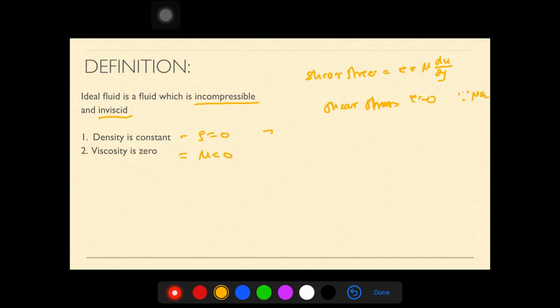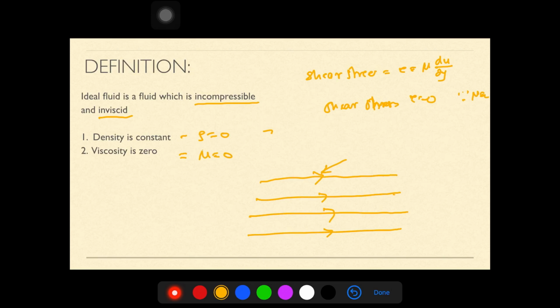When this fluid is moving in a particular direction like this, this is the direction of flow. So all the fluid particles will be moving with uniform velocity, as there will not be any shear stresses between these two streamlines. So we call it a uniform flow.